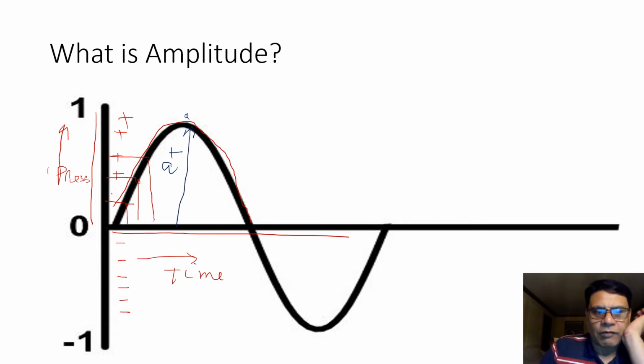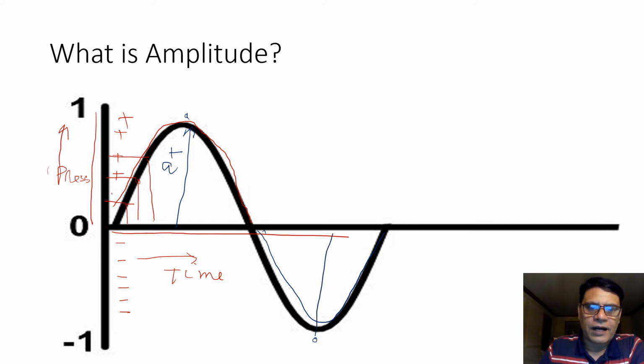Similarly, the decreasing values of pressure and density become zero, that is the original pressure and density of the medium, and then it starts declining again, and the negative value becomes maximum at some point, and the distance between this maximum point and the zero line is called amplitude, and it is the negative amplitude.